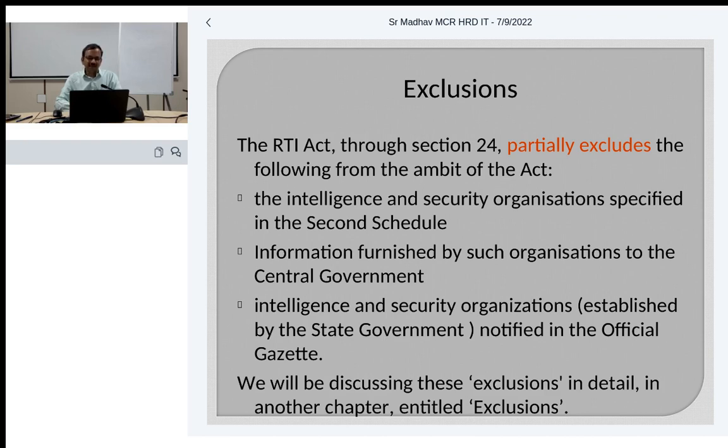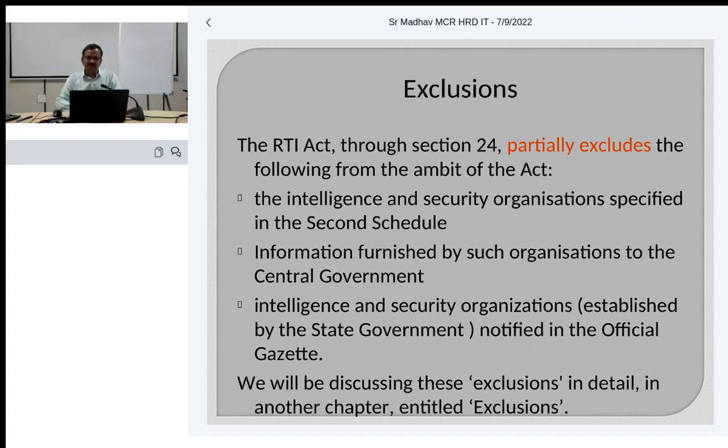And these public authorities, the organizations listed under the Second Schedule, are supposed to designate public information officers and first appellate authorities also, as done by other public authorities, because they have to receive applications from citizens, and they have to seek approval of the Central Information Commission if they are central authorities, or State Information Commission if they are state authorities.